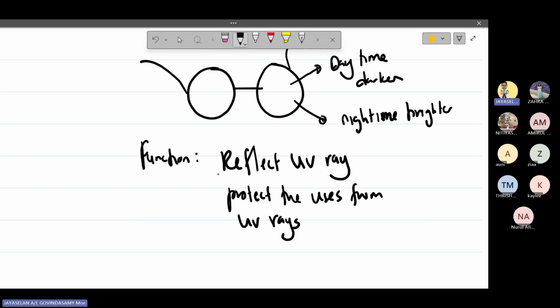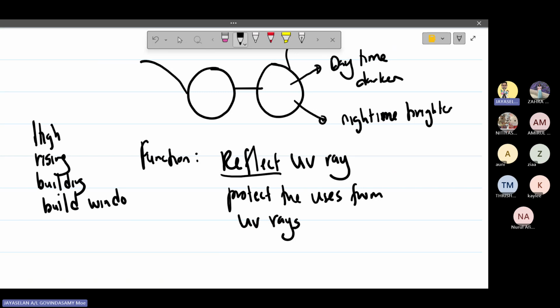That's correct. Reflect is a very suitable word. It is also used in high-rising building windows. Got it? Glass windows. Any question, guys? Understand?